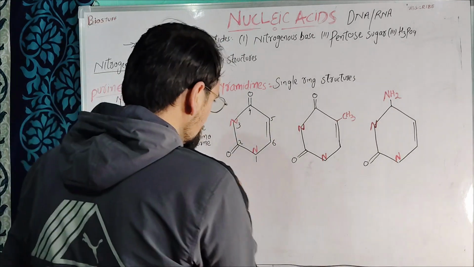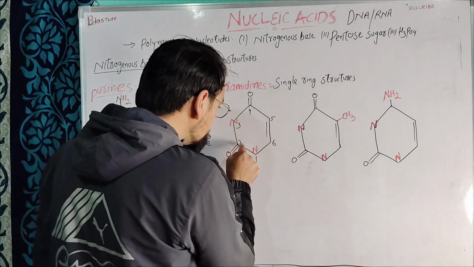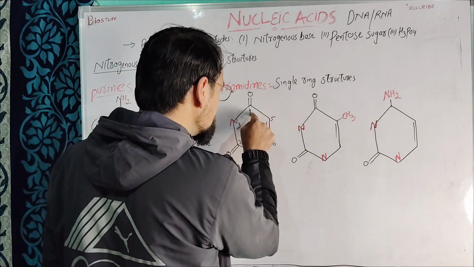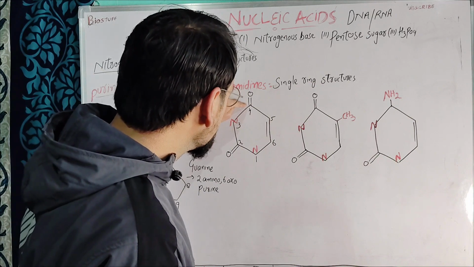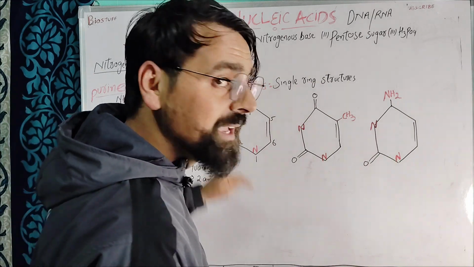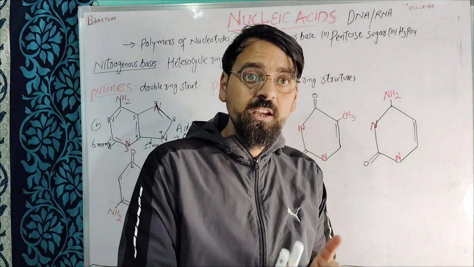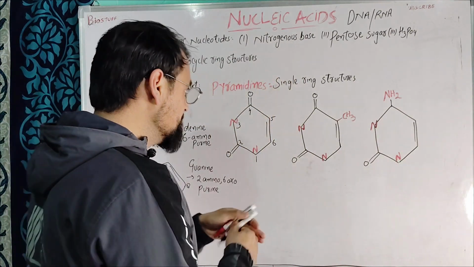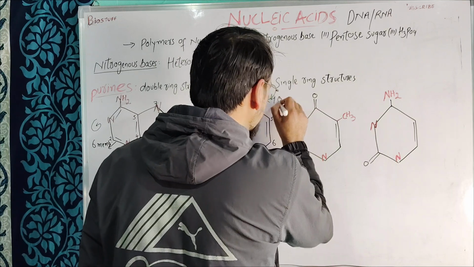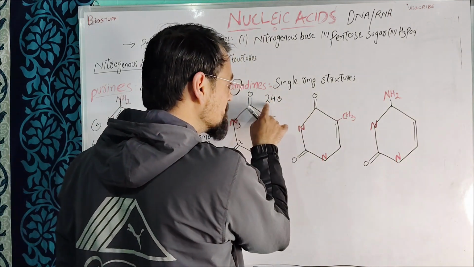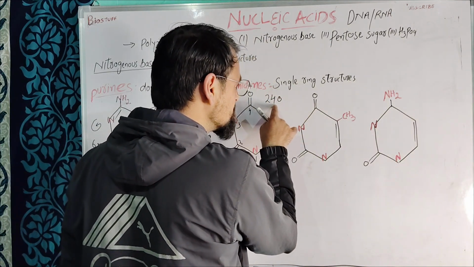Now, if you have the oxo group at position number 2 and position number 4, it is uracil. So I normally make a mnemonic called 240. But this is not 0, this is O. And this is position number 2, this is position number 4.